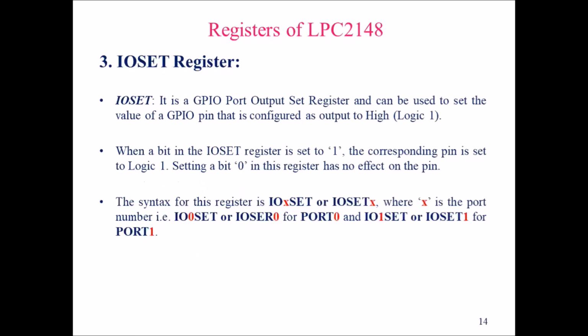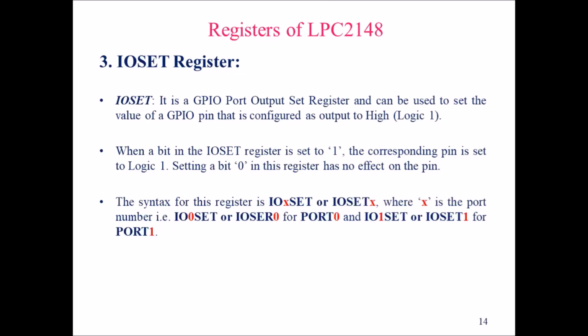The third one is the IOSET register. IOSET is the general purpose input output port output set register, and it can be used to set the value of a GPIO pin that is configured as output to high. When a bit in the IOSET register is set to 1, the corresponding pin is set to logic 1.